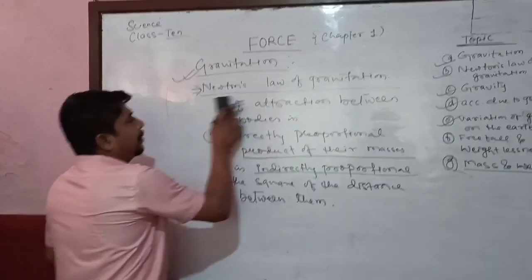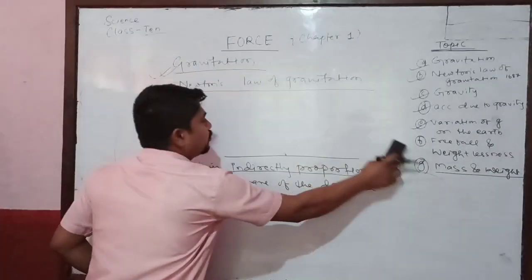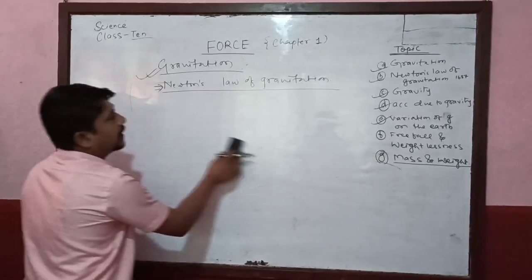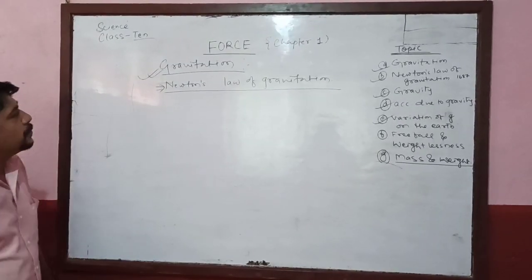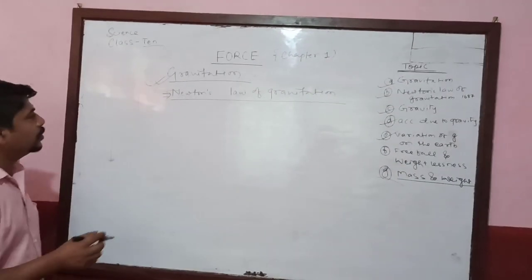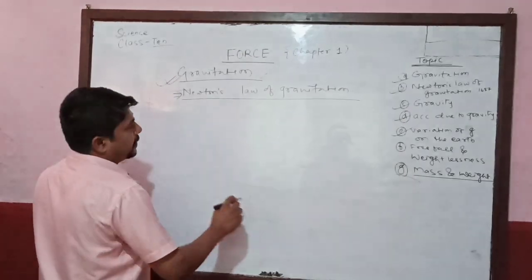Now we will make this more clear by proving or by deriving a general equation. Newton's law of gravitation बाट एउटा general equation, general formula हामी derive गर्छौं to calculate the force of attraction.